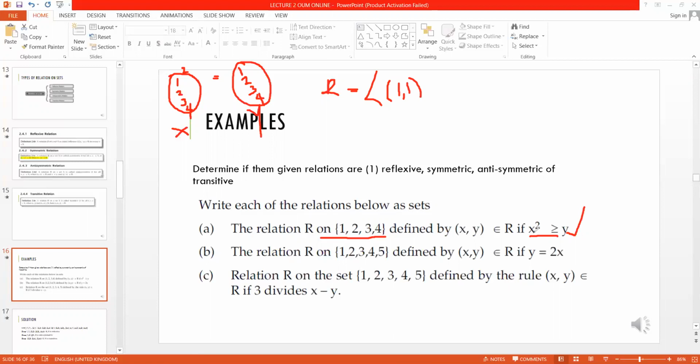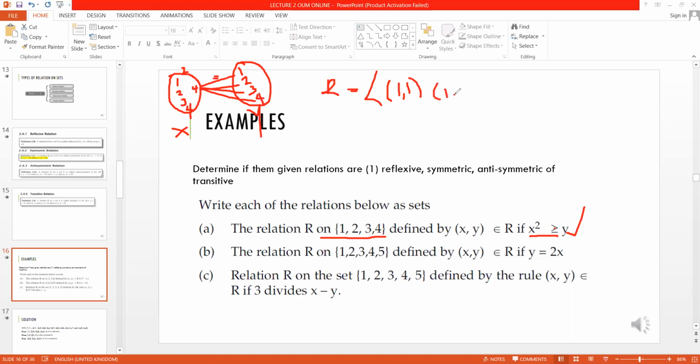The rule says x squared should be greater than or equal to y. So let's go to the next one. 2 squared is 4. Now 4 is greater than 1, 4 is greater than 2, 4 is greater than 3, and 4 is also equal to 4. So we can have those relations existing.